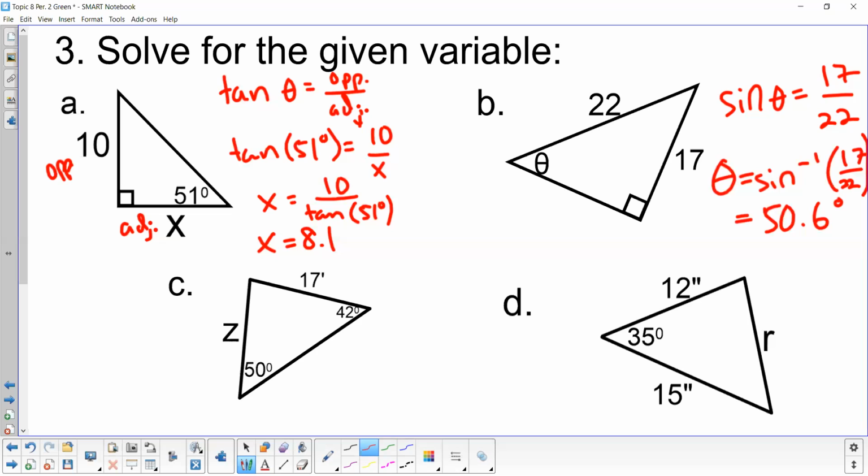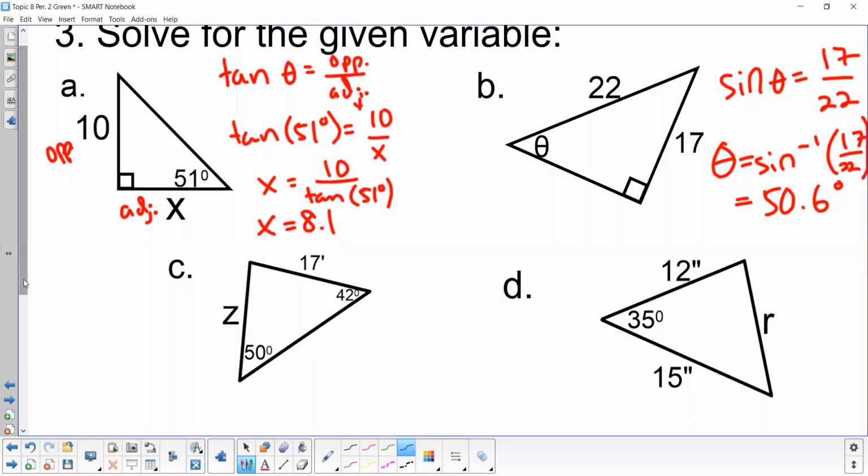Awesome. Okay, next one. Kind of looks like a right triangle, but it isn't quite. So we have to use either law of sines or law of cosines for C. I've got enough information to use law of sines. So I say Z over sine of 42 equals 17 over sine of 50.